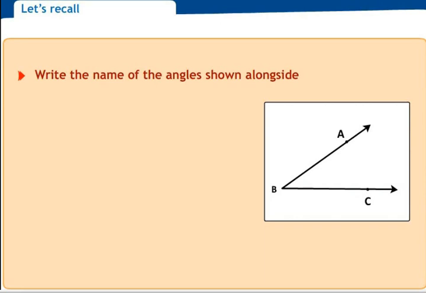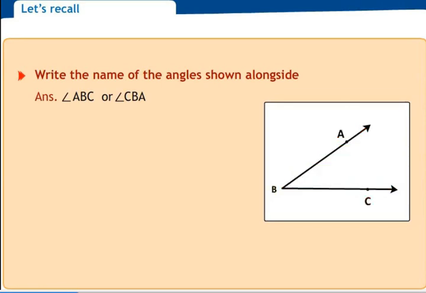The diagram can be named as angle ABC or angle CBA. So if we write the name of the angle shown alongside, it can be written as angle ABC or angle CBA.